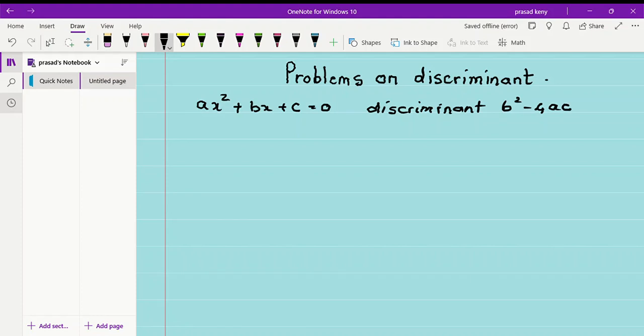and the discriminant tells you about the nature of the roots. So if b square minus 4ac is greater than 0, then the roots of the quadratic equation are real and distinct.